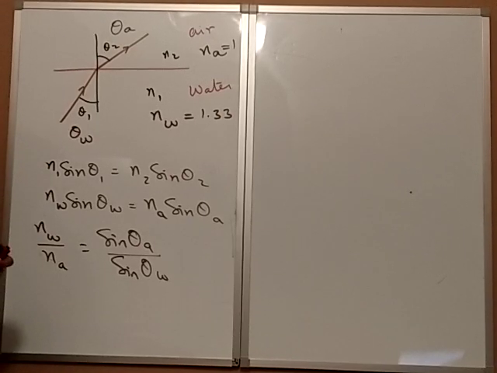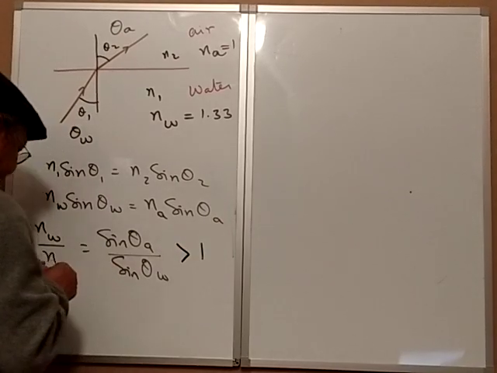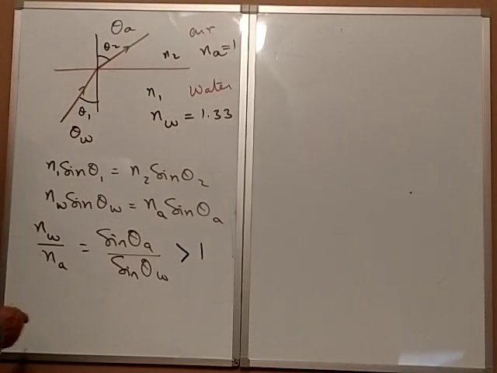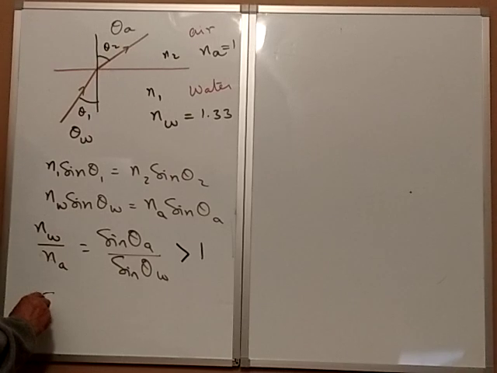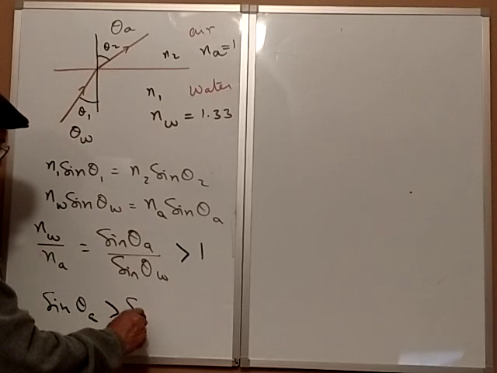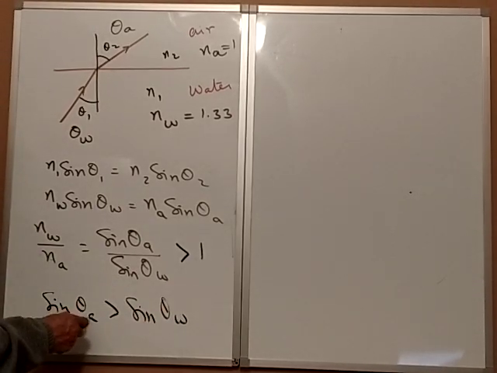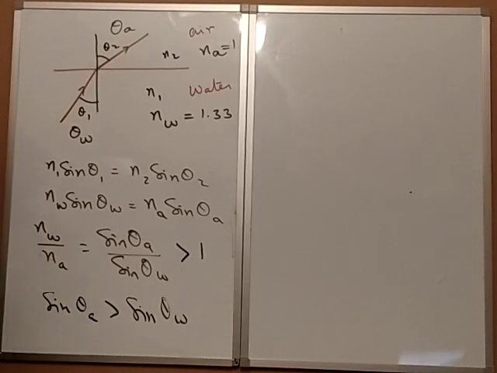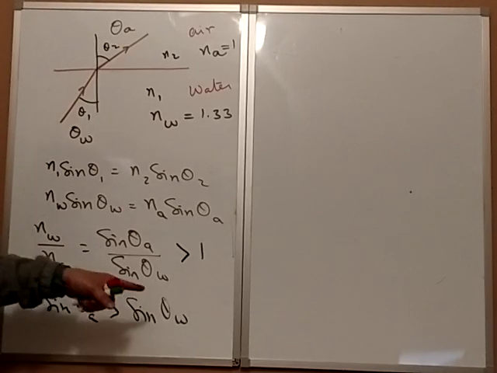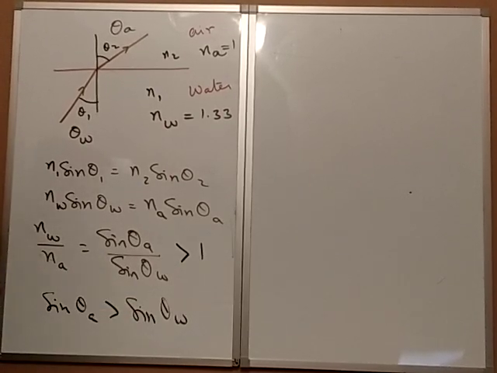Now, NW is bigger than NA, so this is bigger than 1. What does that mean? That means sine theta A is bigger than sine theta W. That means theta in air will always be bigger than theta in water.